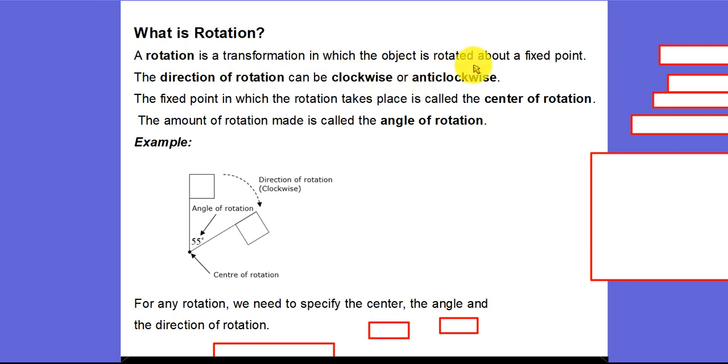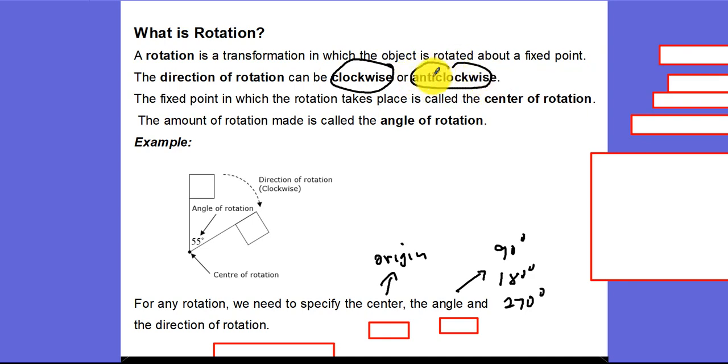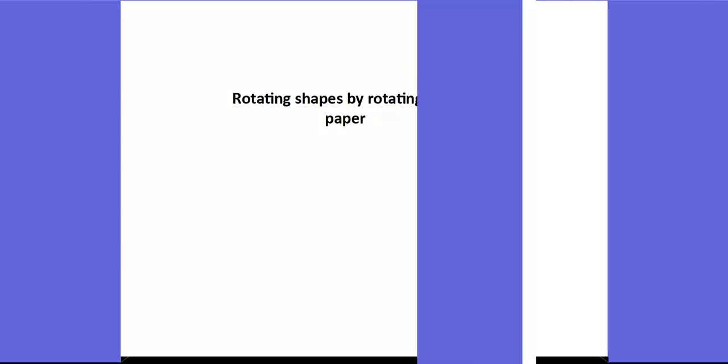In this unit, we are going to use the origin as our center, and the angle can be either 90 degrees, 180 degrees, or 270 degrees. And the direction of rotation can either be clockwise or counterclockwise.